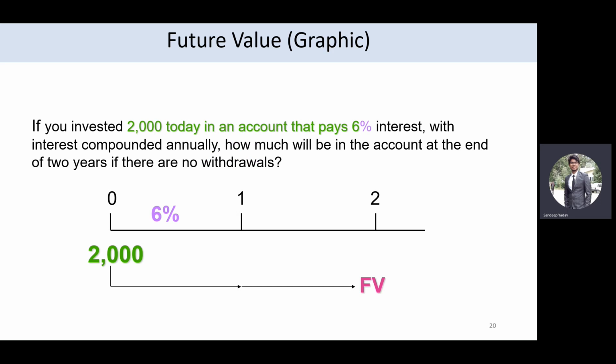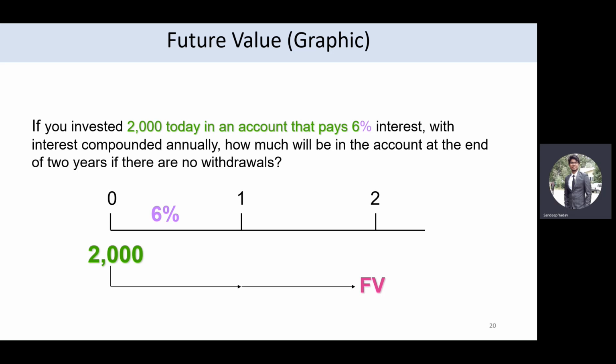That will be the principal plus interest. We can calculate 2,000 multiplied by 0.06, that is 120, plus 2,000 into 0.06 again on the new balance.